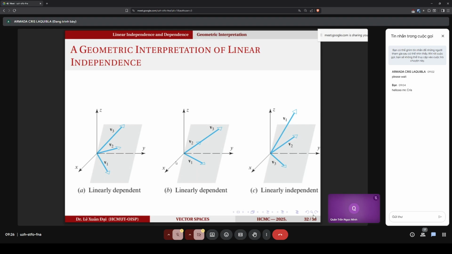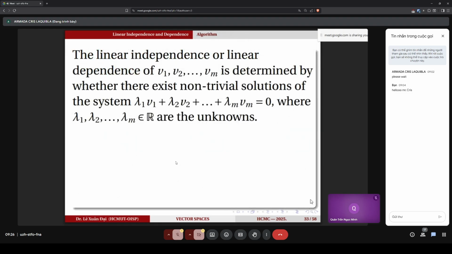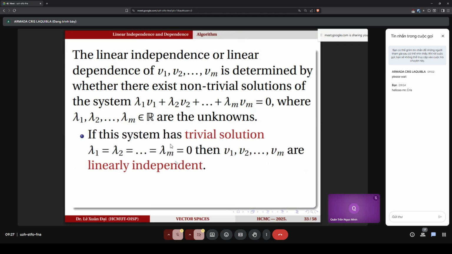Linear independence or dependence of v1, v2, ..., vm is determined by whether there exist non-trivial solutions of the system lambda 1 v1 plus lambda 2 v2 up to lambda m vm equal to 0, where lambda 1 to lambda m in R are the unknowns.